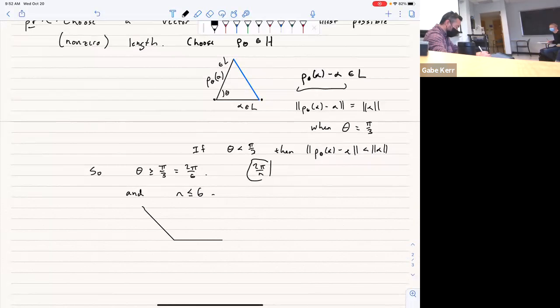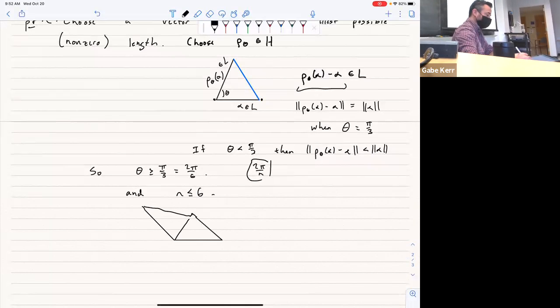If you drew this picture, which I'm not drawing perfectly at all, you could draw it better than I'm drawing it, and replicate it roughly.